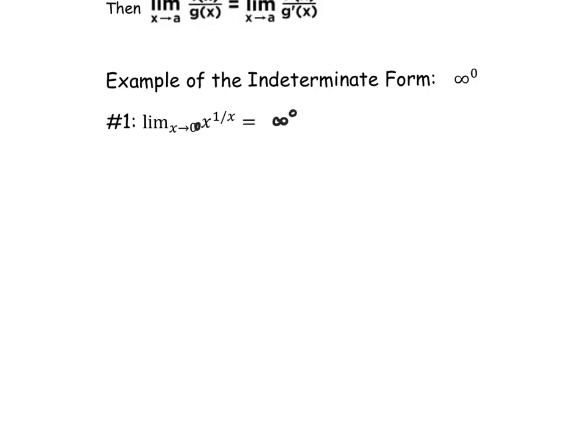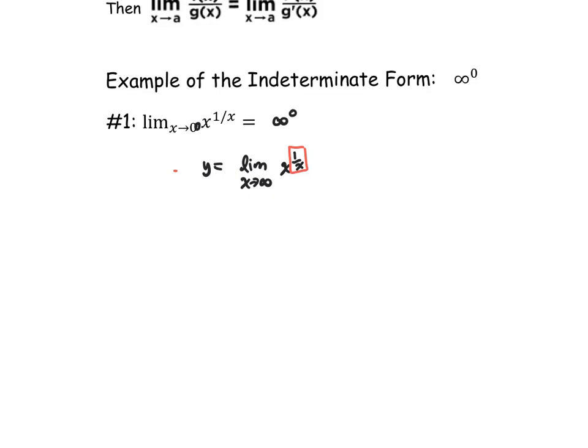However, I'm going to rewrite the limit as a y value. So really, the limit is y. That is the value to which this limit is approaching. Now, what I'm going to do is isolate this 1 over x using logarithms.